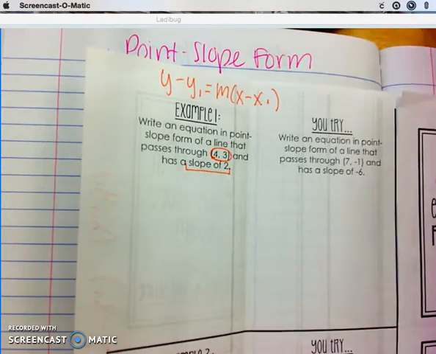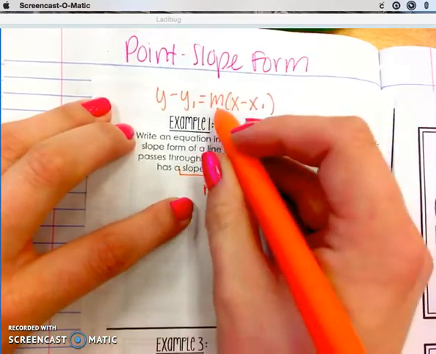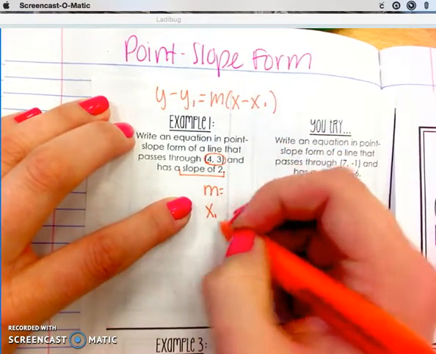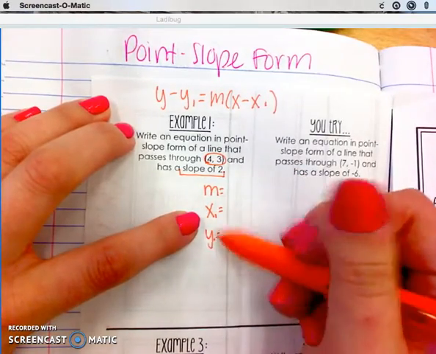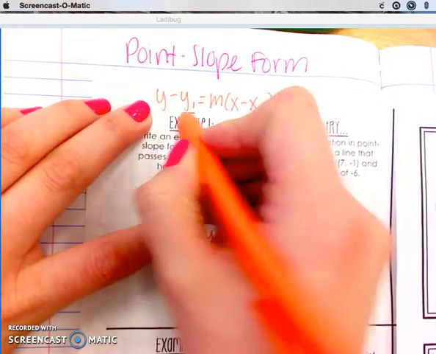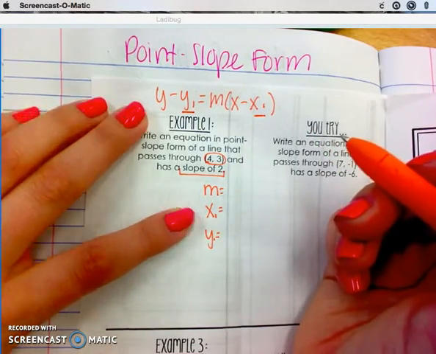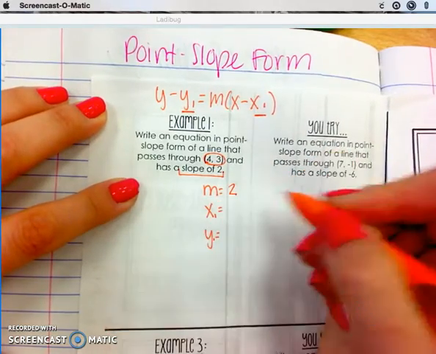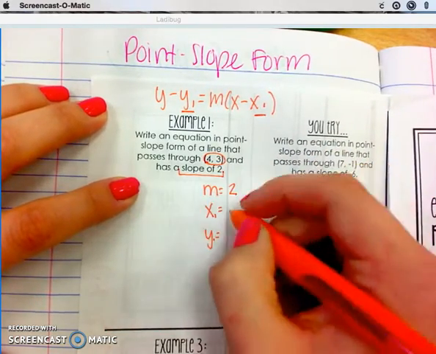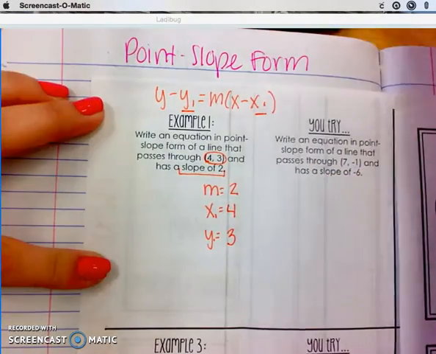I need my m, and I'm going to need my x and my y. Remember this x and the y are the ones that I'm replacing, so that x1 and the y1. So I have a slope of 2, an x of 4, and a y of 3.